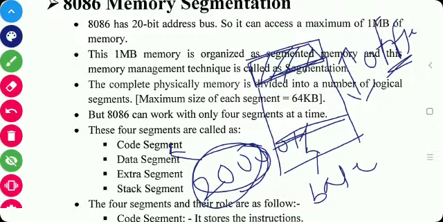And index and pointer registers are 4: SP, BP, SI and DI, that is stack pointer, base pointer, source index, destination index. Okay, so now we will see how we will generate the 20 bit address using this base address and the offset address.